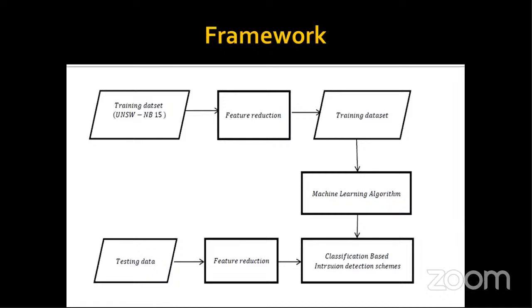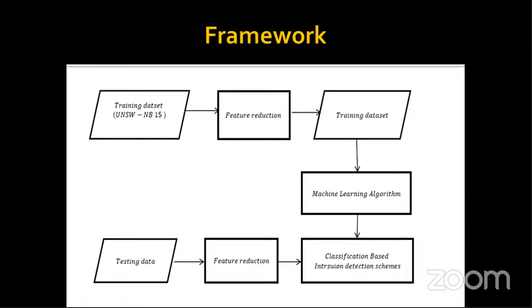When we consider this data, we are going to apply feature reduction on it by using either of these two algorithms, canonical correlation analysis or linear discriminant analysis. Then we are going to use some machine learning algorithms.